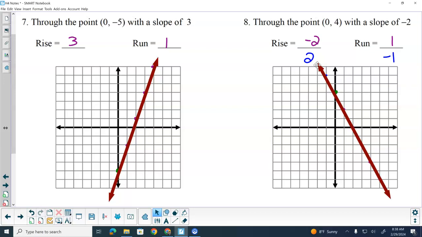Now, taking an inspection, we just did 8 of the same type of problems. Where did all of our starting points start from? None of ours went through the origin, the line. I'm talking about the lines. What was the very first point that we plotted, and what do they all have in common?